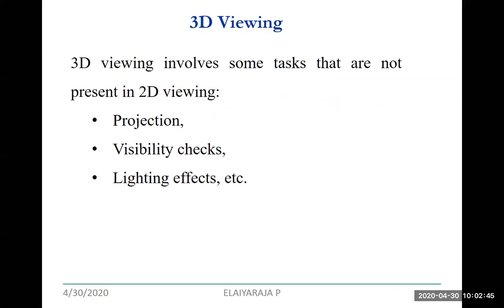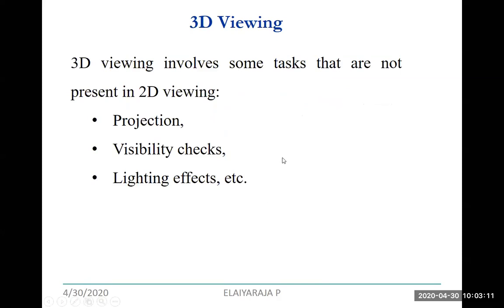Here in 3D viewing, it involves some tasks that are not present in 2D viewing. Usually in 2D viewing, we take the world coordinates and convert them to viewport coordinates. Okay, and after clipping, we display the clipped coordinates, right?